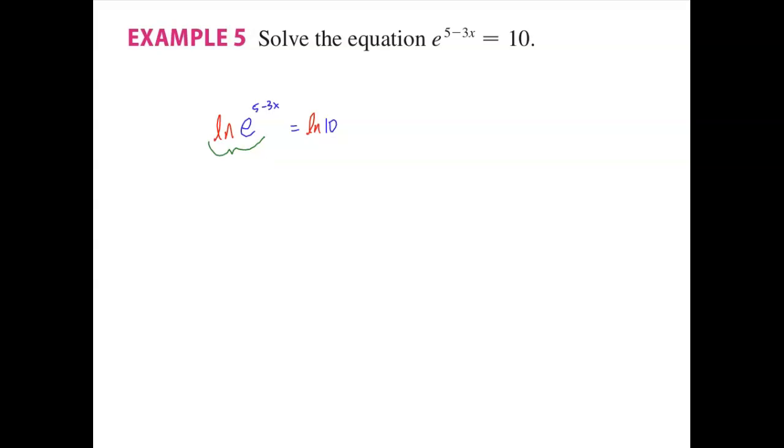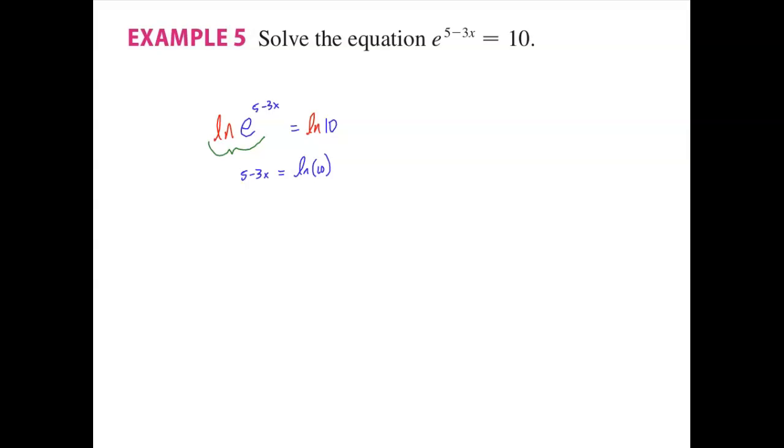Good, exactly, 5 minus 3x. So I get 5 minus 3x equals natural log of 10, which is just its own constant, and we'll just treat it as a constant, right? So just leave it as natural log 10.